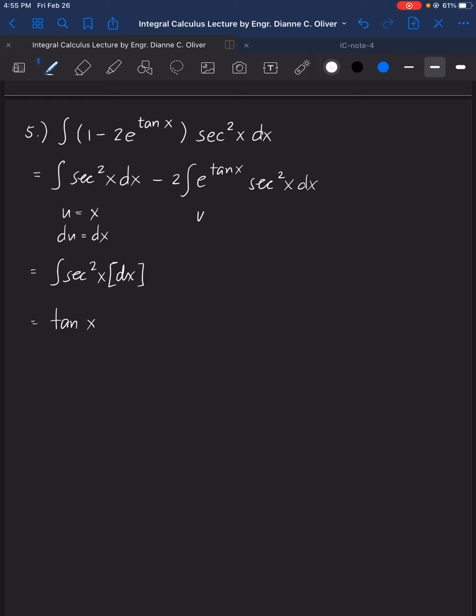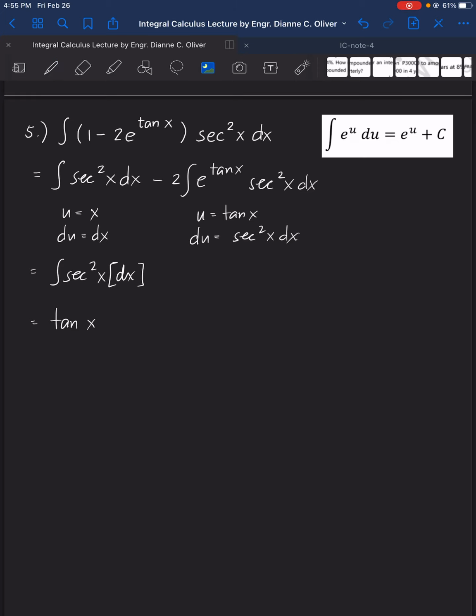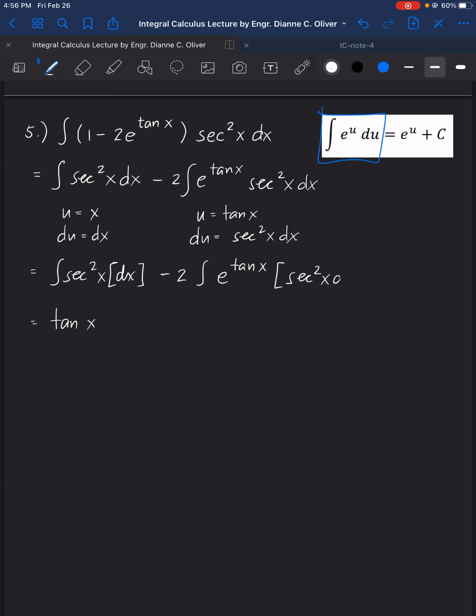How about this one here? If we let u is equal to tangent x, then du, the derivative of u, is secant squared x dx. We are actually doing this pattern here. So that is minus 2 integral of e raised to the u, which is the tangent x, and then the du is secant squared x dx, and this is similar with this one.